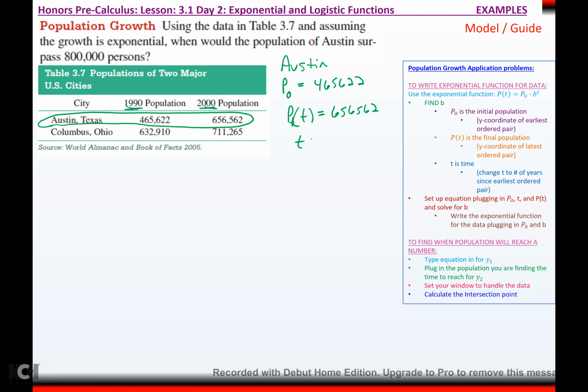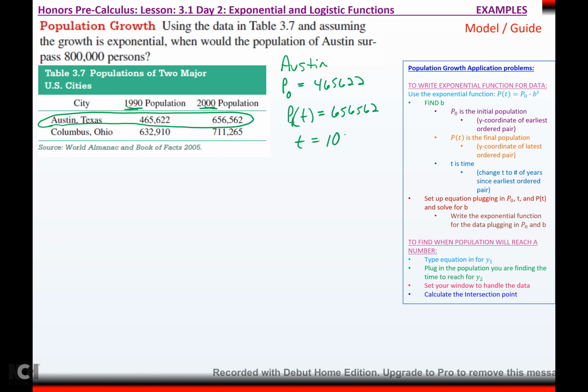And time is what we're looking for. Okay? So if I wrote an equation for Austin, I've got to figure out what B is. Oh, I know time. 1990 to 2000 is 10 years.